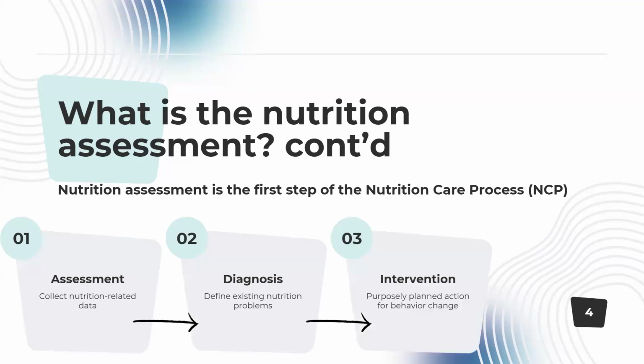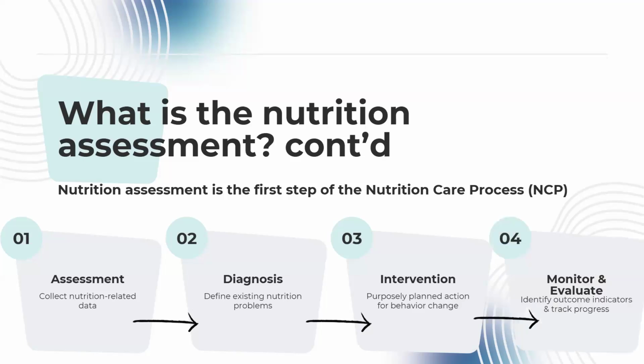We then move on to the intervention step, where we are purposely planning action that is designed to initiate some behavior change in the patient. And then lastly, we have monitor and evaluation, where we are identifying outcome indicators and how we're going to track progress in that patient. So the nutrition assessment that we're covering in today's video is the first step of this entire nutrition care process.